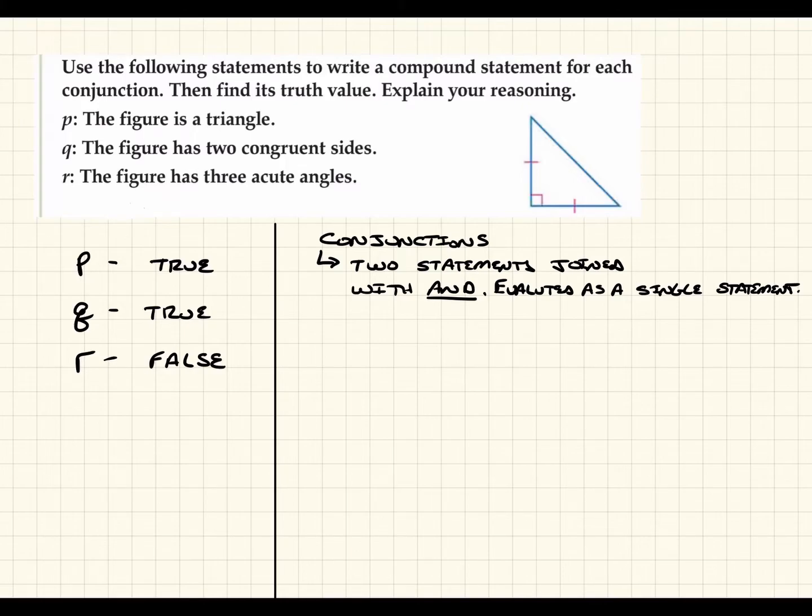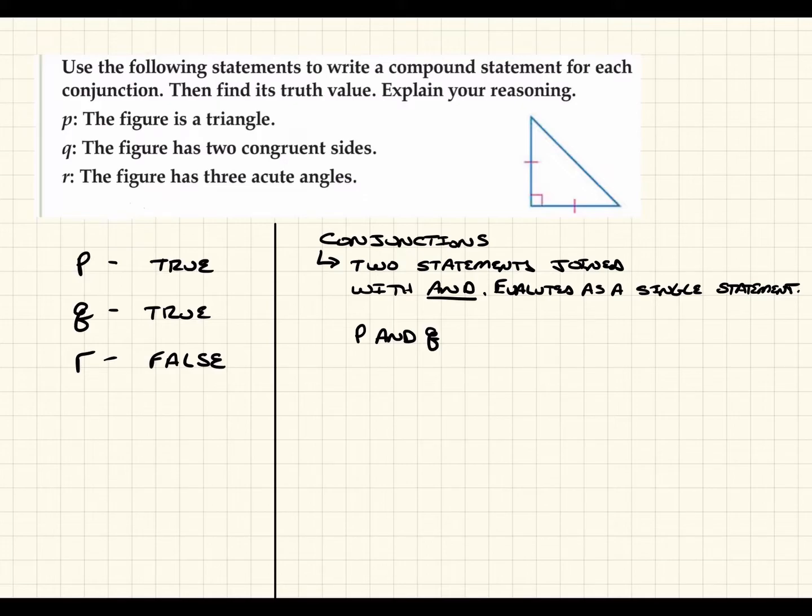So let's take a look at some conjunctions with our triangle here. We will write statement P. Instead of rewriting the entire statement, "the figure is a triangle," we can shorthand it just by using the letters representing the statements.